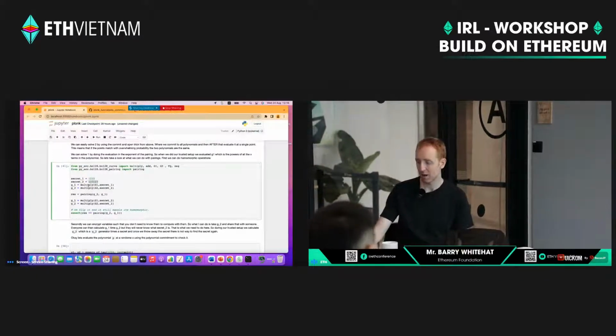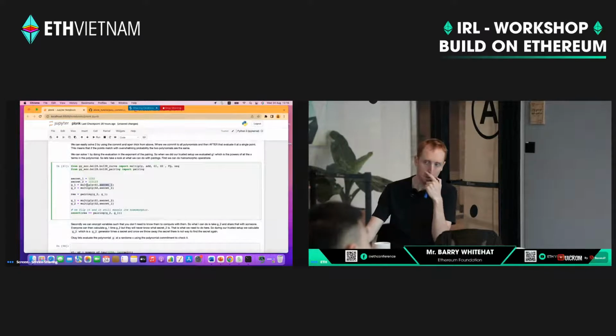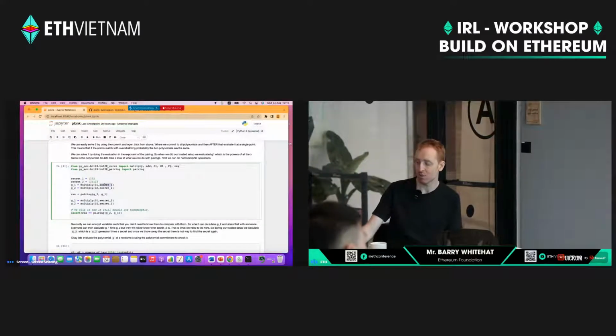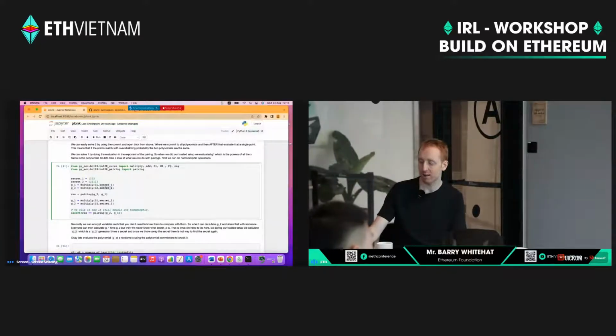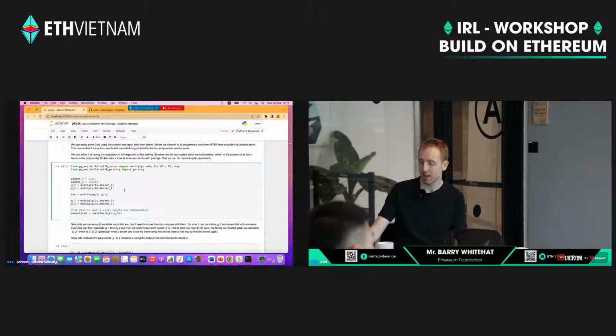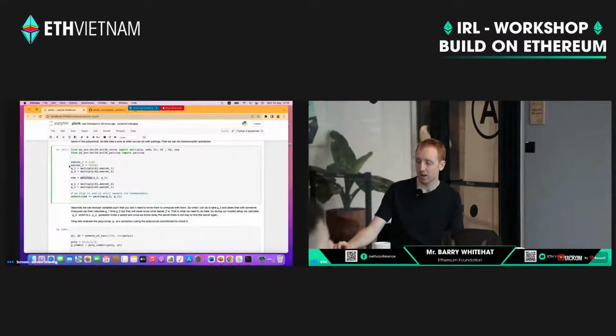And basically we say, okay, let's first of all make 2 elliptic curve points. One of them has secret 1 encoded in it, and the other one has secret 2 encoded in it. And then let's take the elliptic curve point G2 and multiply it by the elliptic curve point G1.